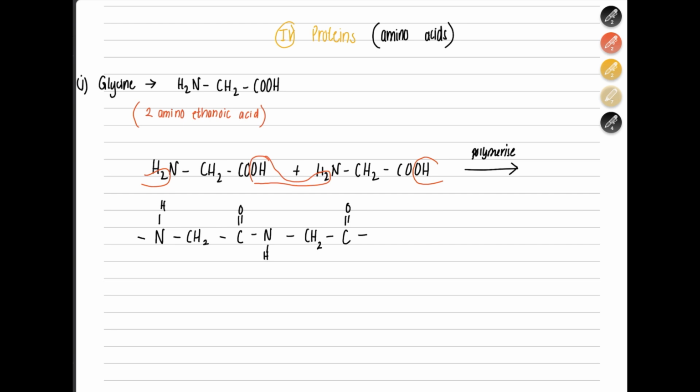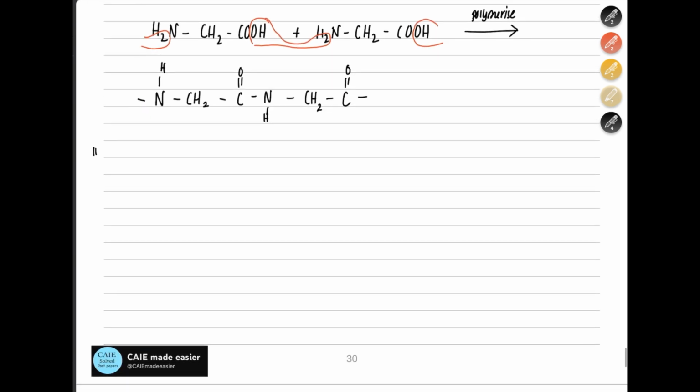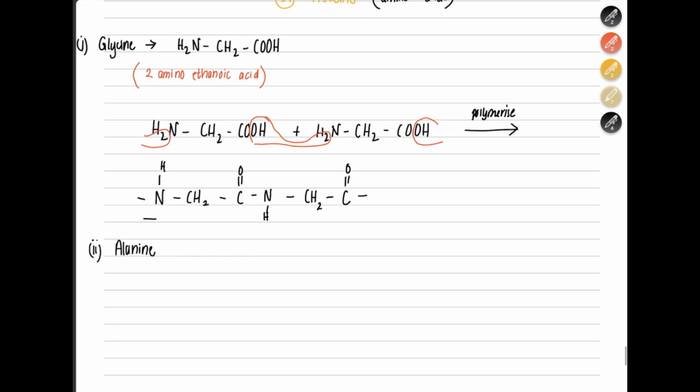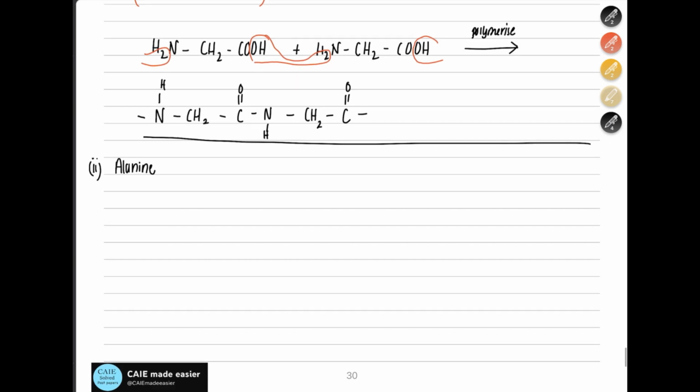Now let's do another example, with alanine molecules. And remember, the important thing is that you can do the condensation polymerization, not memorize these formulas. So let's see if we have two alanine molecules. We have H2N, CH, CH3, and then C double bond OH.